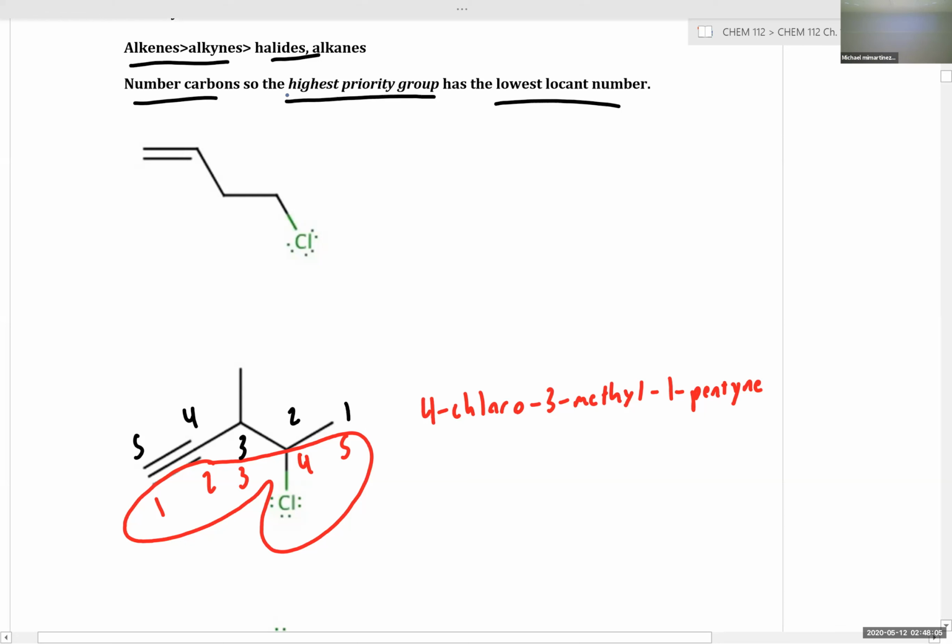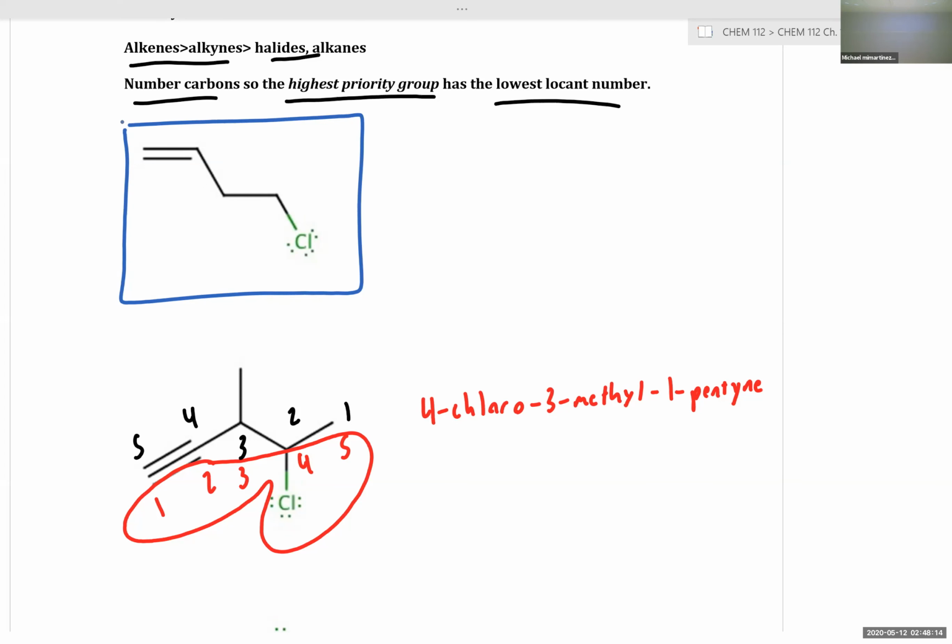I'd like everyone now to take a moment and to look at this first example and to try to name this compound. Remembering to number your carbons to give the smallest locant number to your alkene or alkyne starting carbon. So let's take about 2 to 3 minutes to work on that. And don't be shy to type your response in the chat or write your response using the annotate feature.